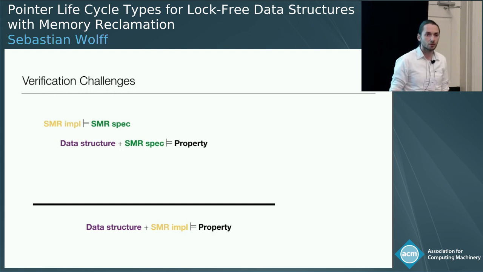So we can introduce an SMR specification and verify the SMR implementation against the specification. And then when establishing the property, we do not need to look at the SMR implementation anymore, but we can replace it with the SMR specification.